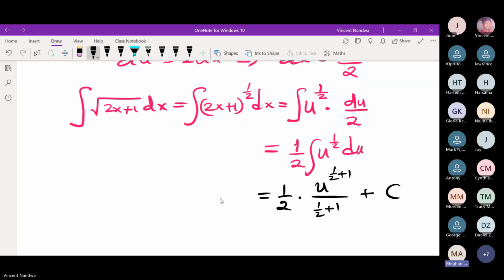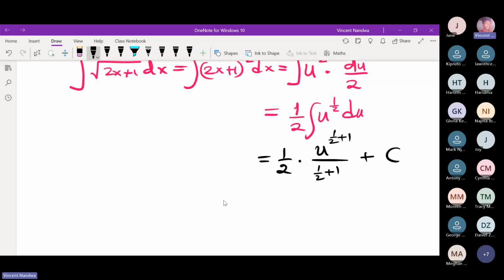This is 2 over 3. Then when you multiply by a half, we'll have a half times 2 over 3 to give us 1 over 3. So I'll have 1 over 3 u raised to power 3 over 2 plus c.